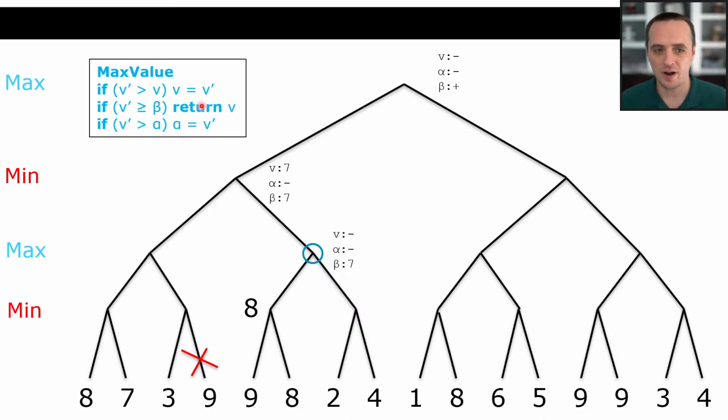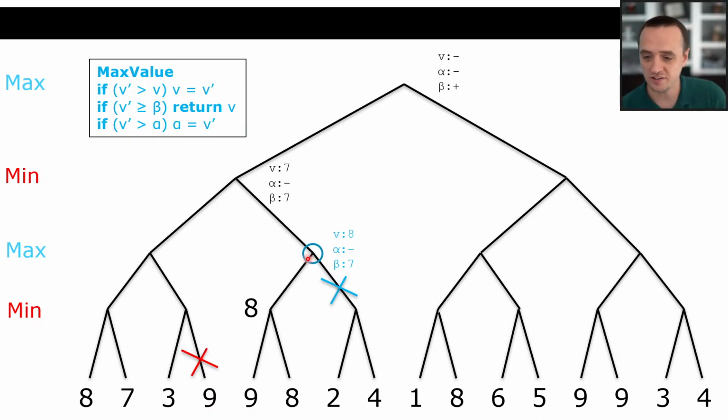So what's this doing? Well, up here, this is really interesting. It's the opposite of the last time we pruned a node. This node knows, because it's minimizing and it has a current value of 7, that in order for something to be better, it has to be less than 7. But this is a maximizing node that's going to be at least 8.